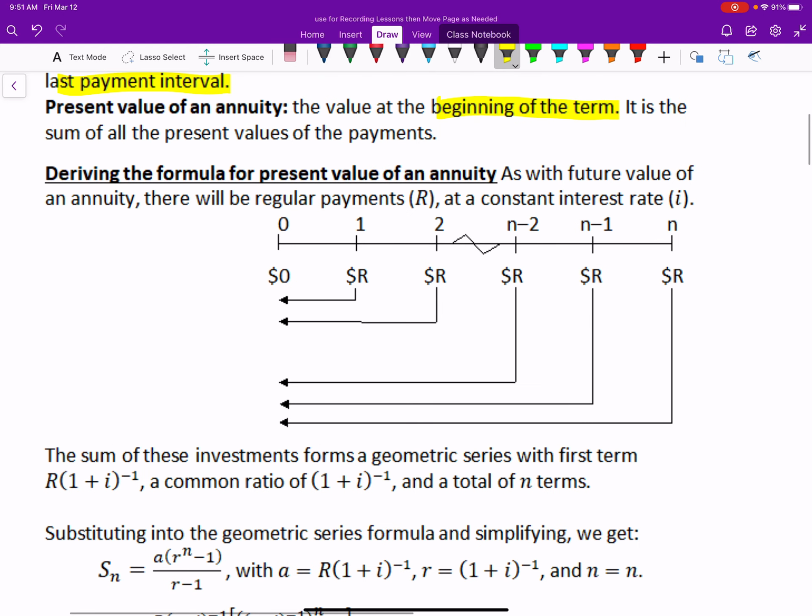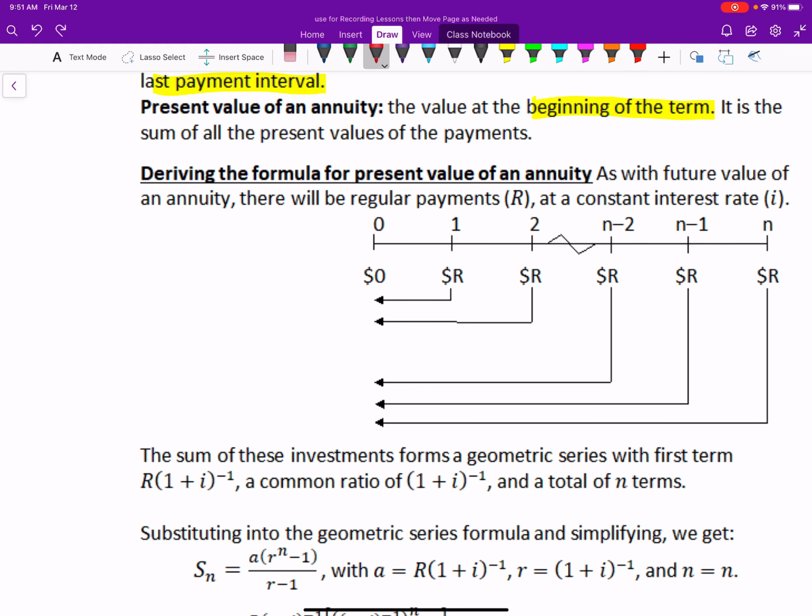So just as we used a number line in the last lesson to see where the formula came from, we can think about it the same way for this lesson. If these are my payments, it could be years, months, weeks, whatever. Those are my regular payment intervals. So my time 0 is here, and then maybe 1 year later or 2 years later, whatever the time intervals are.